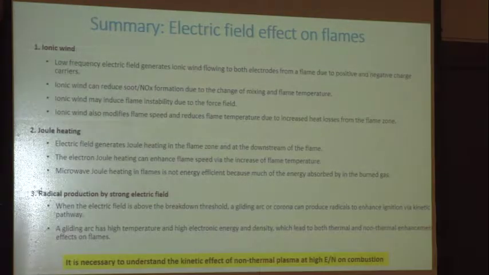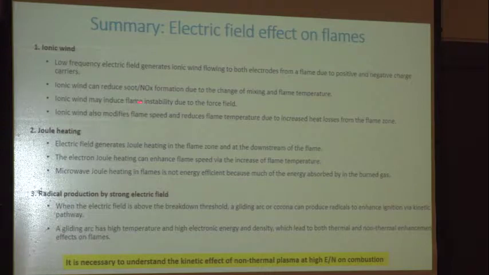So all these things we see, to conclude: ionic wind is a low-frequency electric field generated wind that flows into both electrodes from the flame region due to the positive and negative ions. These ions can potentially modify soot and NOx formation because they modify the temperature distribution and the fuel and air mixing ratio.